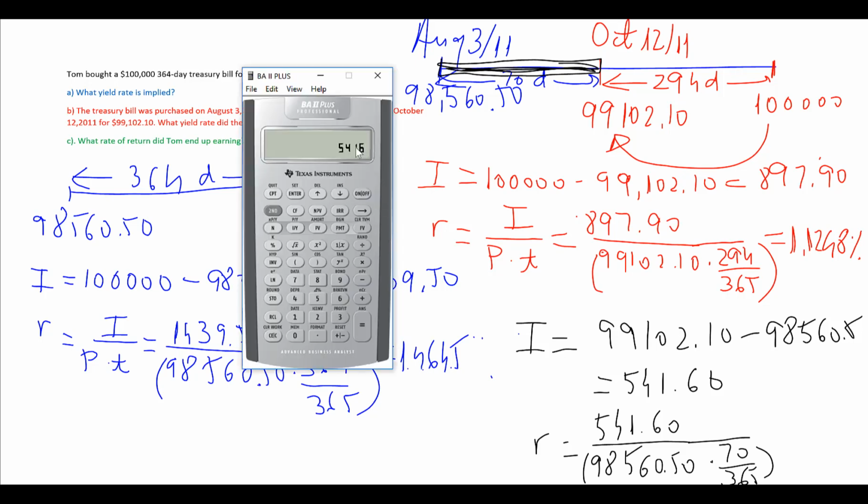So we divide the return of $541.60 by the purchase price, $98,560.50, and by that time, which is 70, divided by 365. Similarly, we multiply by 100 to have the rate expressed as percent. So Tom has an overall return of 2.8653, keeping this treasury bill for 70 days.